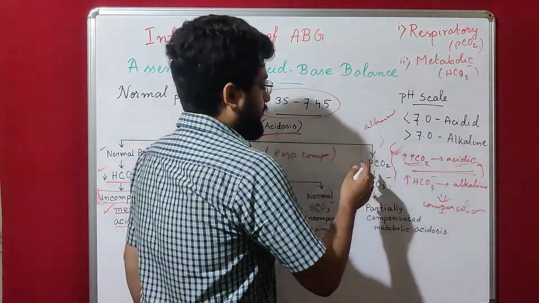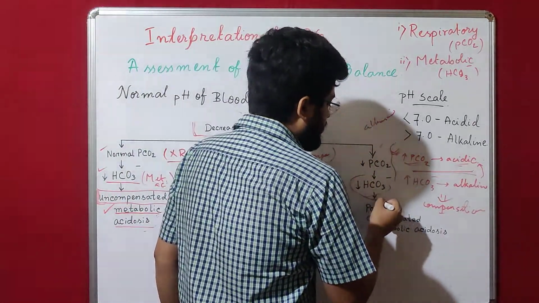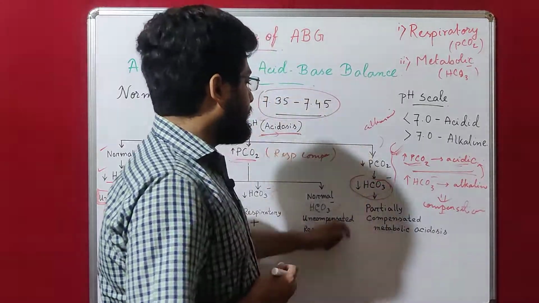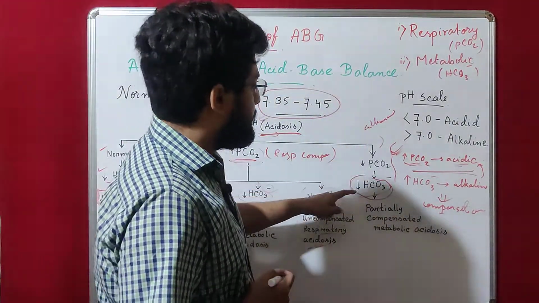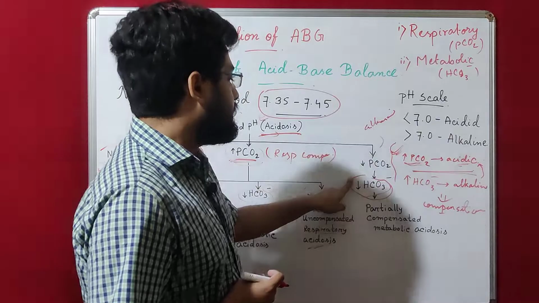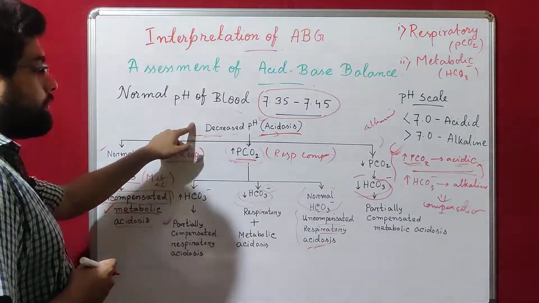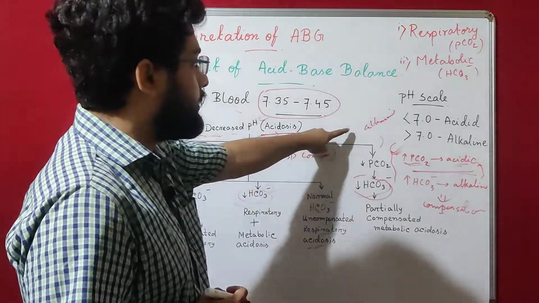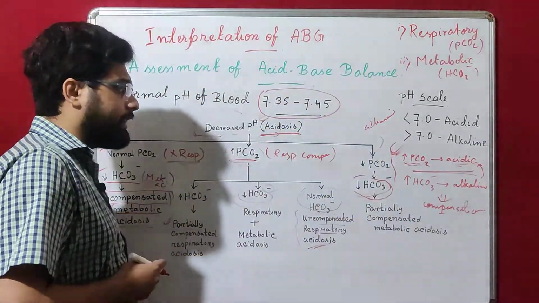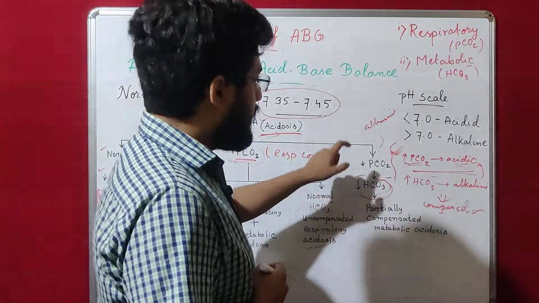So next we will look for the bicarbonate ion, and the only chance is that the bicarbonate ion concentration is much lower than normal. Otherwise, the scenario of acidosis is not possible. The blood will be alkaline, so there will be alkalosis.